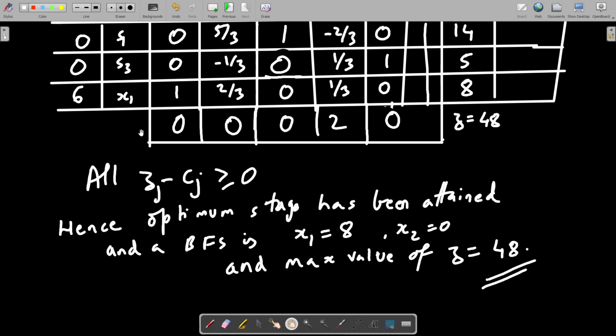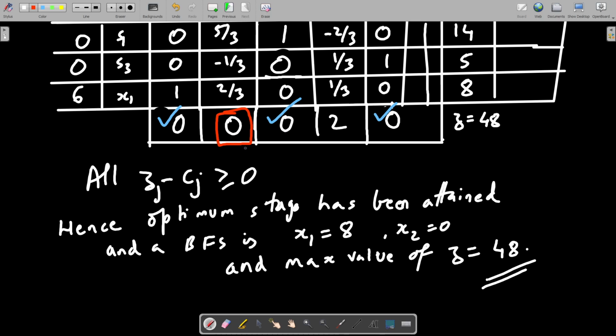See, who are the basic feasible columns? This is x1 column and it has value 0. Okay, no problem. This is the column S1 and this has the value 0. No problem. This is the value S3 and it has the net evaluation as 0. No problem. Okay, this is not in the basis and it has net evaluation 0. Okay. Now there's something troublesome here that this fellow is 0, right?